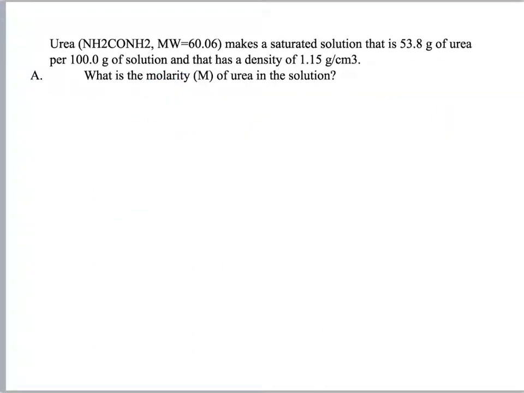Okay, so now we've got it right. Capital M is molarity. So the question is, what is the molarity of our solution? We go back to the definition of our solution, and our solution has 53.8 grams of urea in 100 grams of the solution.